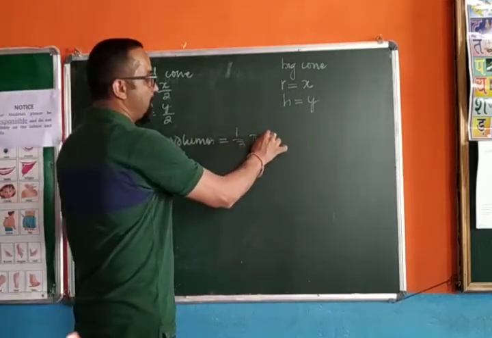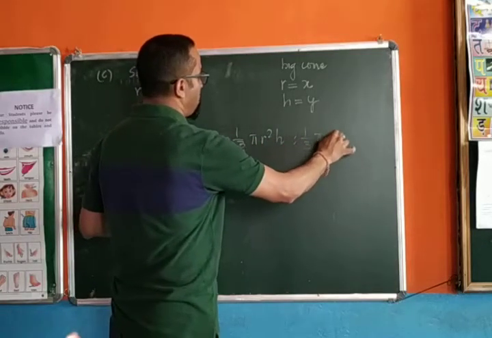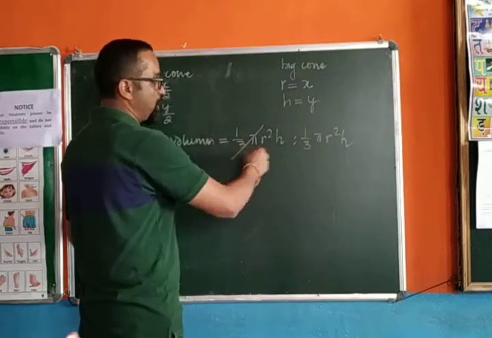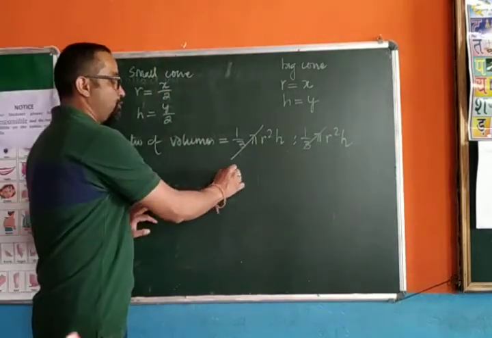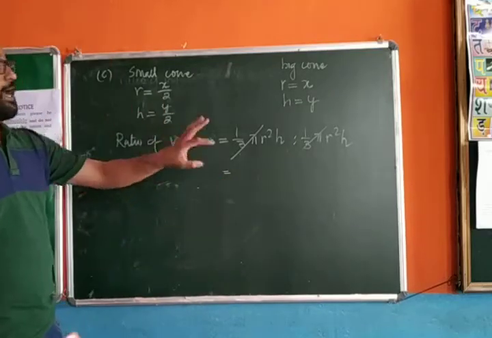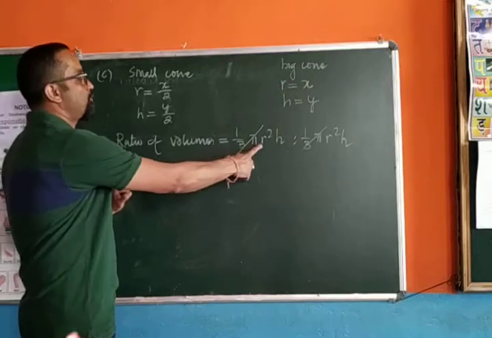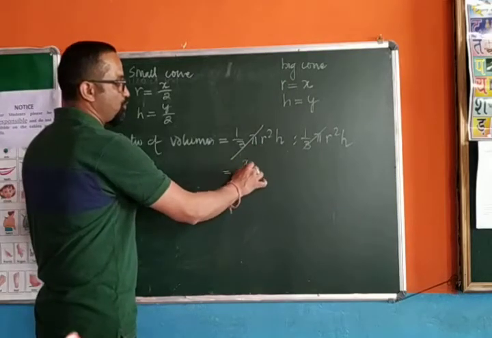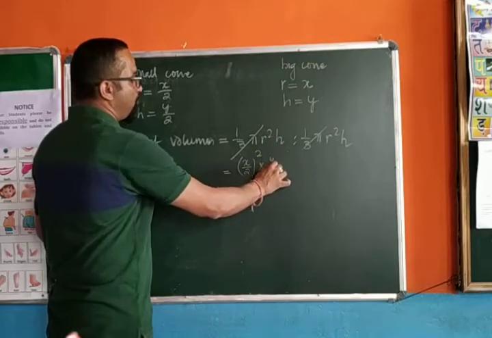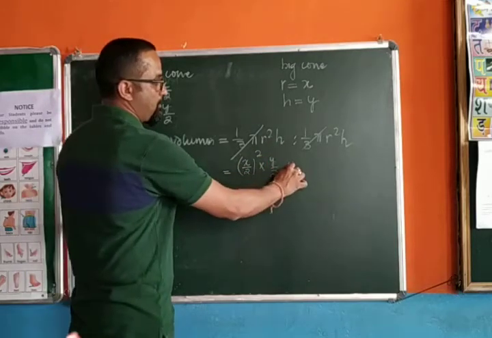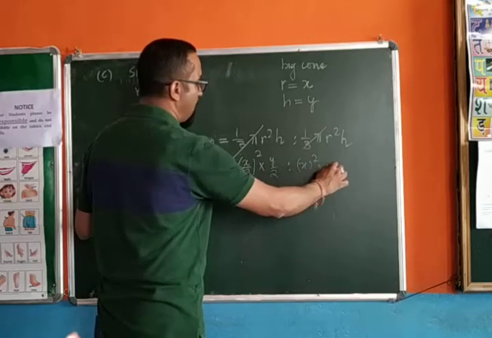1/3 pi r squared height is to 1/3 pi r squared height. 1/3 pi, 1/3 pi, you cancel. You cannot cancel radius and height because they have different values. Substitute the first one. x upon 2 whole square into y upon 2, is to x whole square into y.